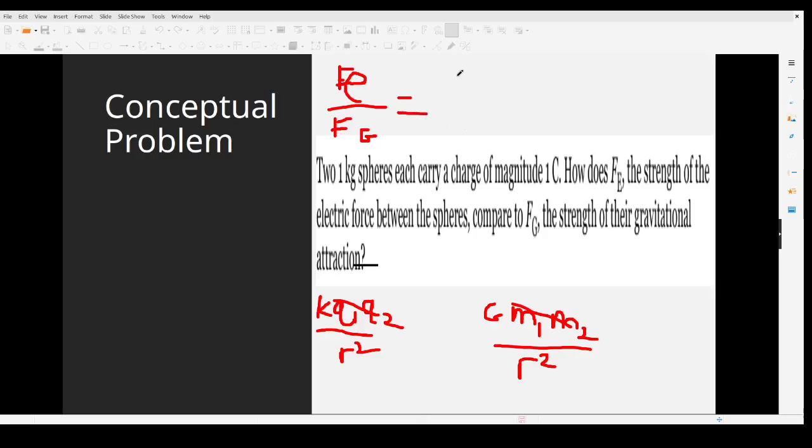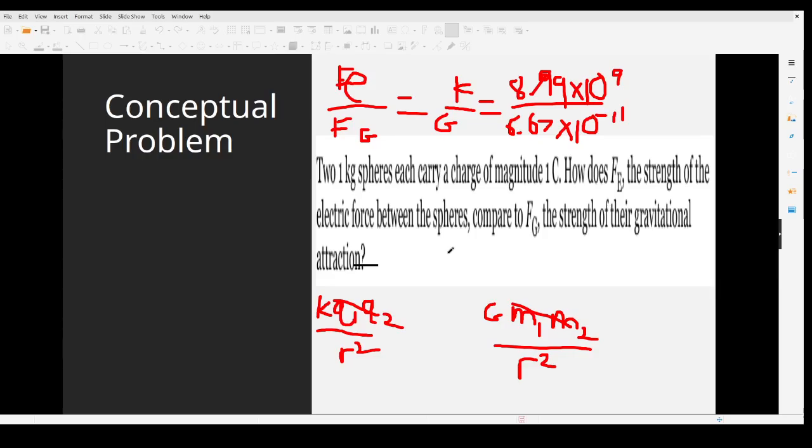So that's just K over G: 8.99 times 10 to the 9 over G, which is 6.67 times 10 to the negative 11, in MKS units, if you remember that.